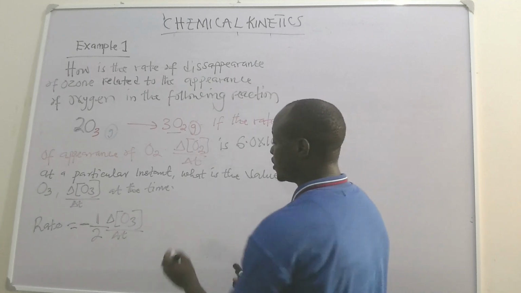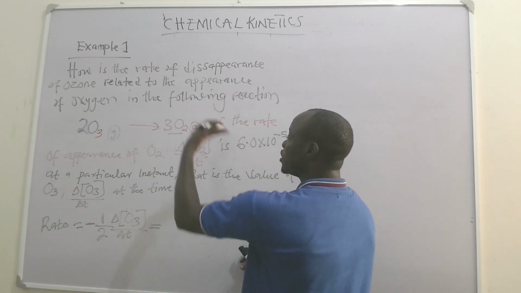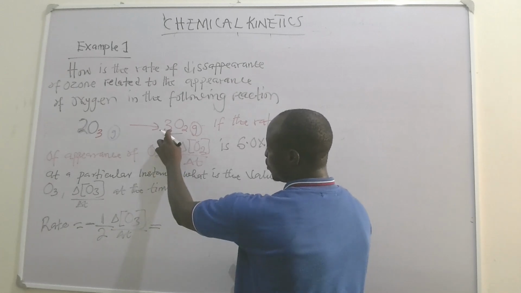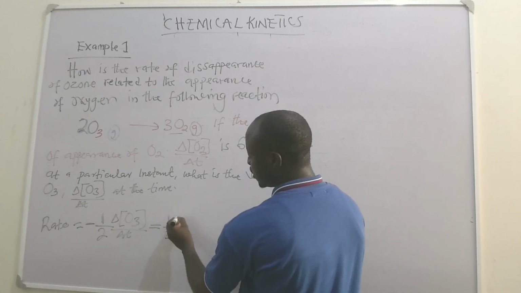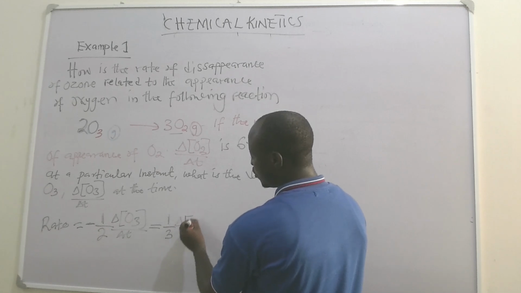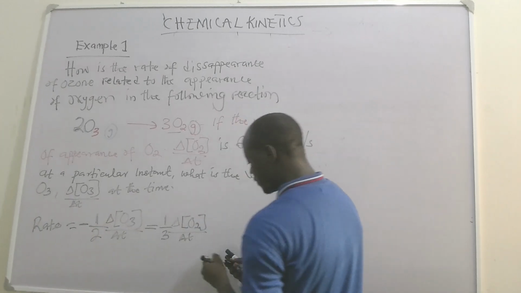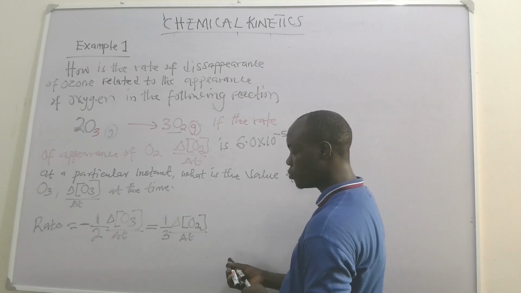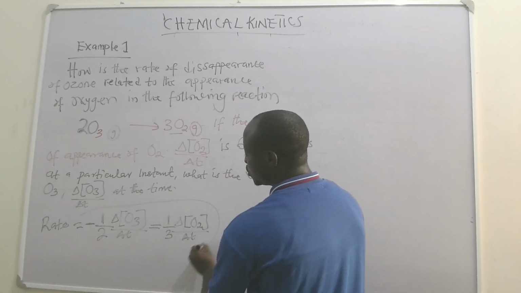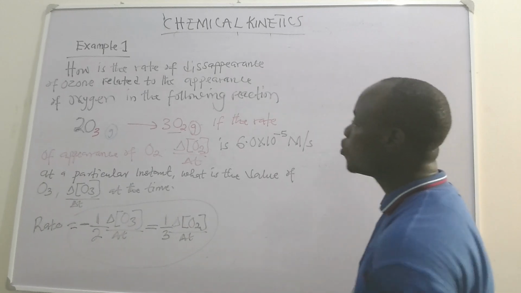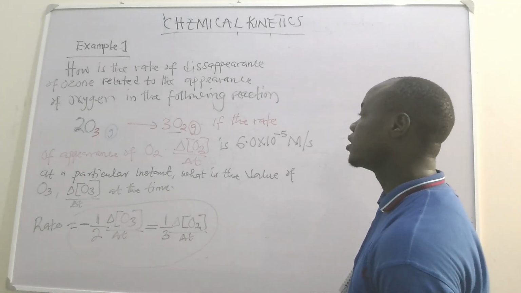Then for oxygen, since oxygen is the product, it's going to be positive, and the number of molecules of oxygen is 3, so we have 1 over 3 times the change in oxygen concentration divided by delta T. This just shows how ozone and oxygen are related in terms of appearance and disappearance.